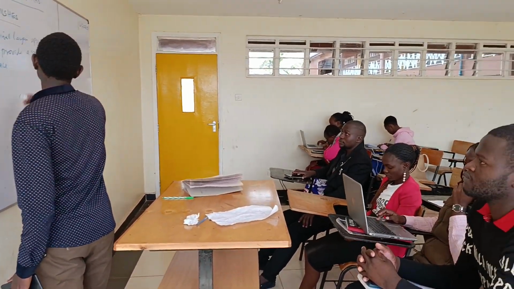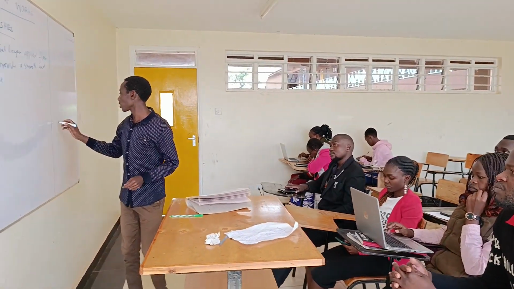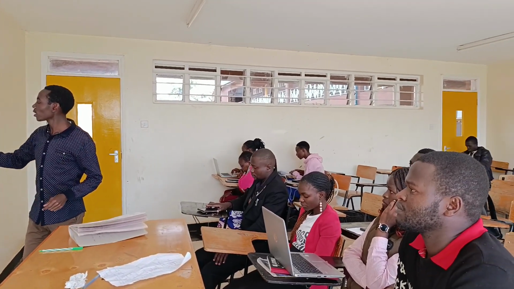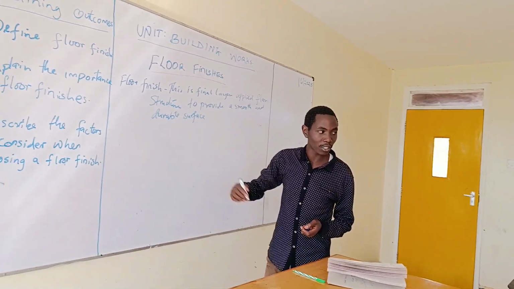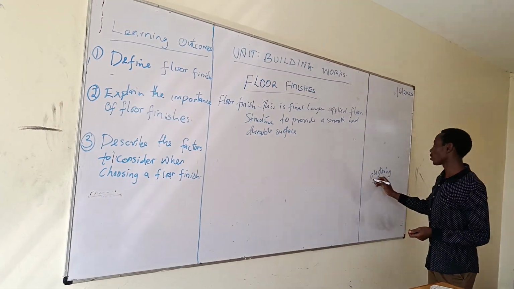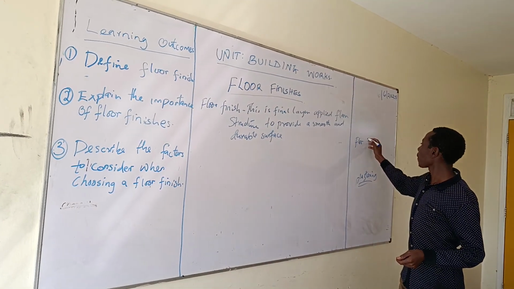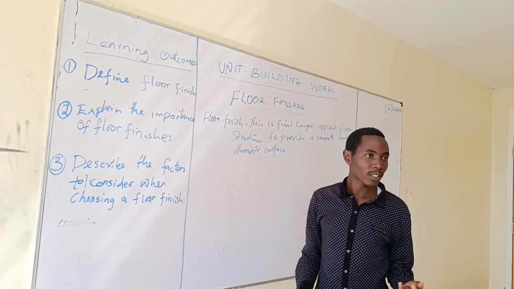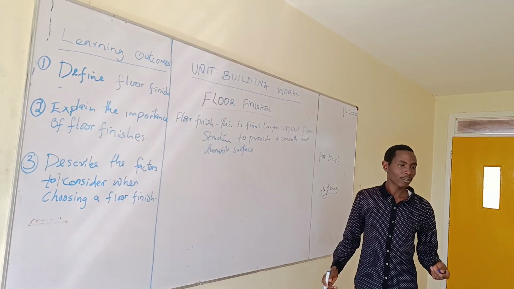When we're talking about wall finishes, we are going to talk about plastering, and plastering is the final layer in a building after construction. You put plastering for walls. But for floor finish, we've got tiles. Who can state some of the finishes in floor?